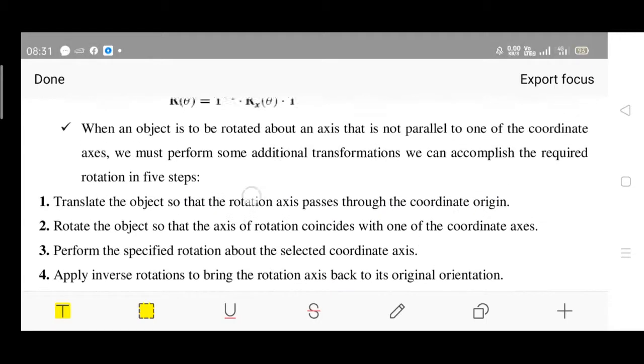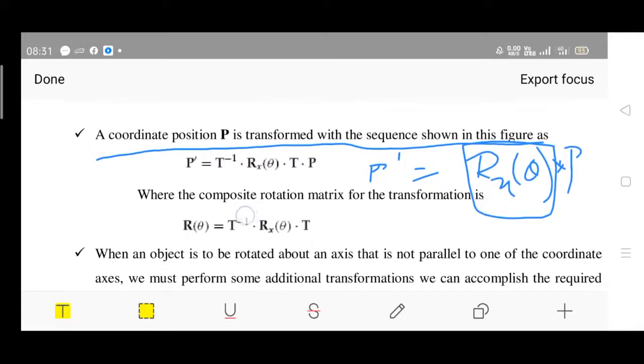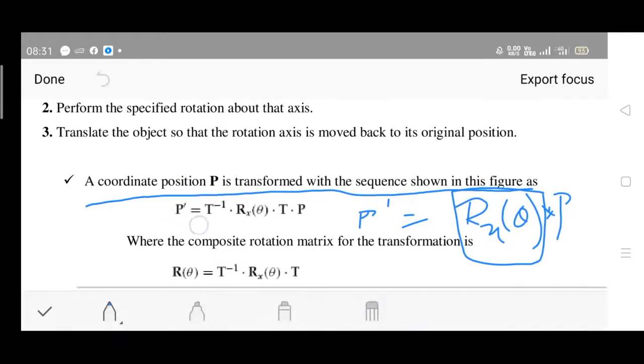So the sequence of steps can be marked as follows. First, what is done? See here, T inverse, you can even write it as T, not an issue. So the inverse translation matrix is mentioned first, followed by the rotation Rx of theta. Then what is done?